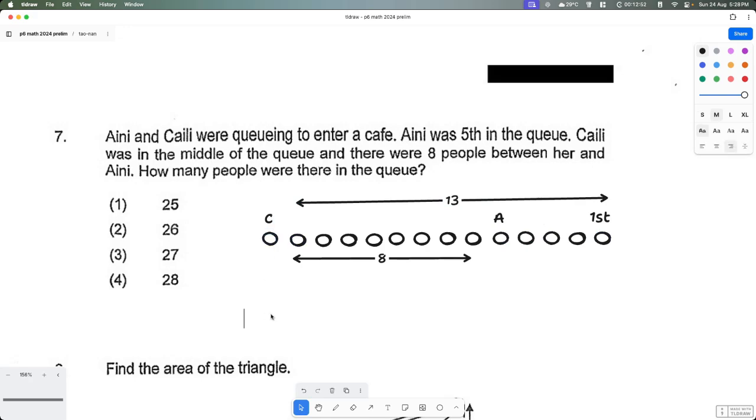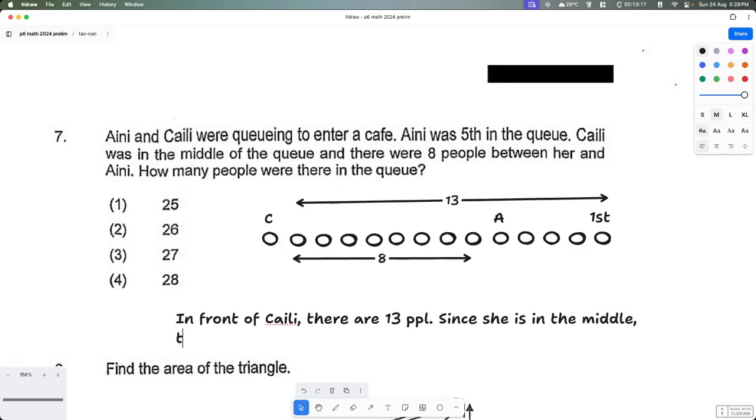So that means in front of Kylie, there are 13 people. Since she is in the middle, there are also 13 people behind her.